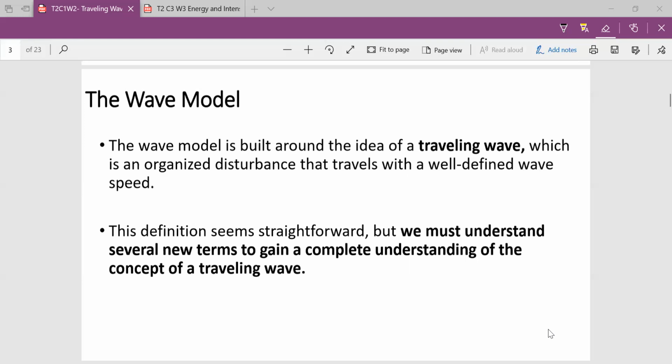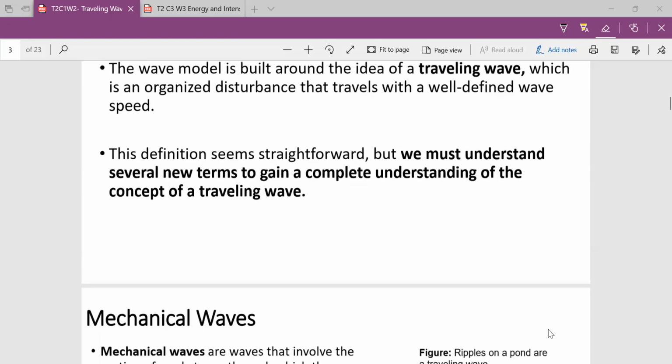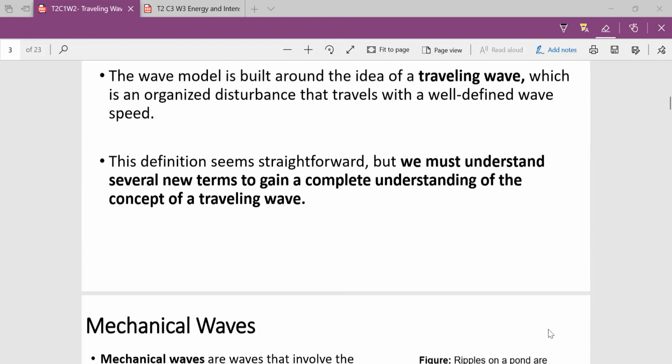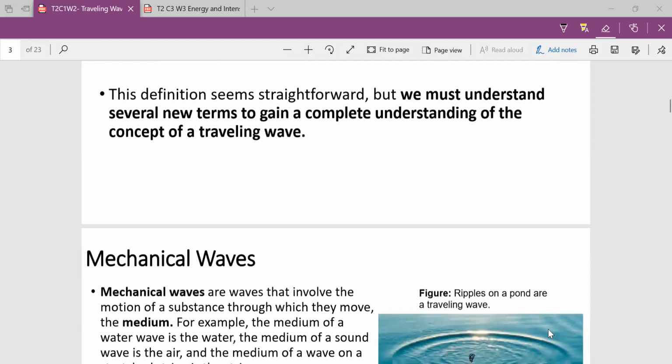All right, so the definition seems straightforward, but we must understand several new terms to gain a complete understanding or holistic view of the concept of traveling wave. So we'll be using the model, which is the similarity or common ground for all wave, to understand these concepts.